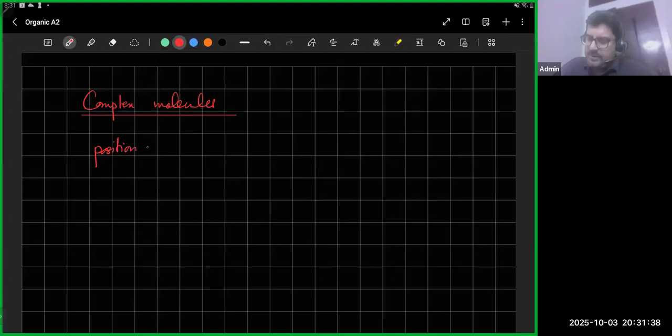There's going to be the position of the branches, then the branches themselves, and then you're going to name the main chain. The main chain is a complicated thing, but we're going to keep it very simple, and that is the longest continuous carbon atom chain.